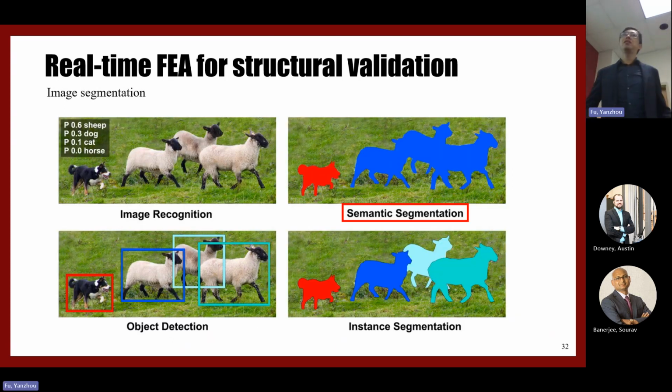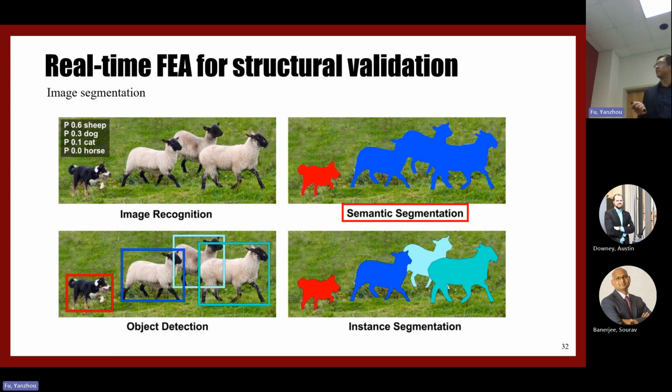So let's talk about the image segmentation first. Image segmentation is an approach to break the digital image into subgroups, and image segmentation will assign different labels to pixels. There are two different segmentation approaches.